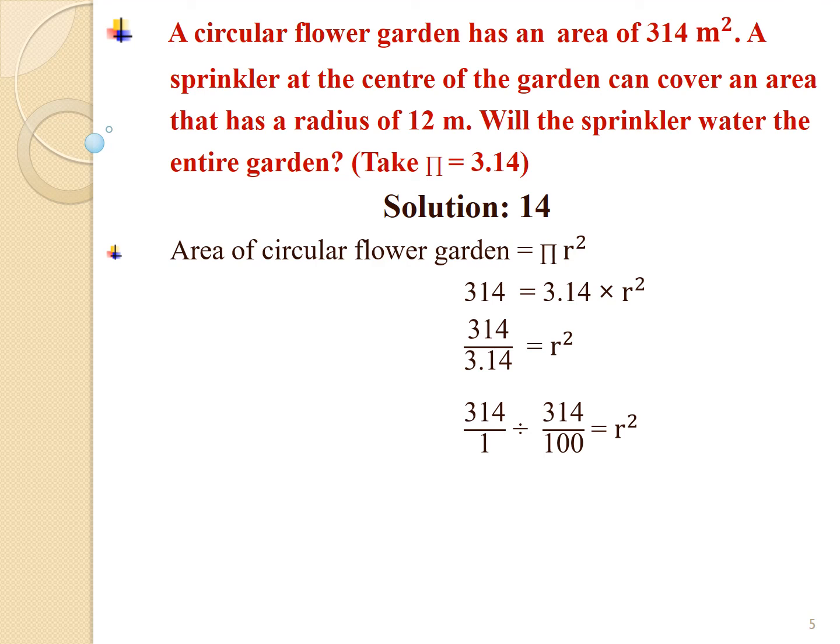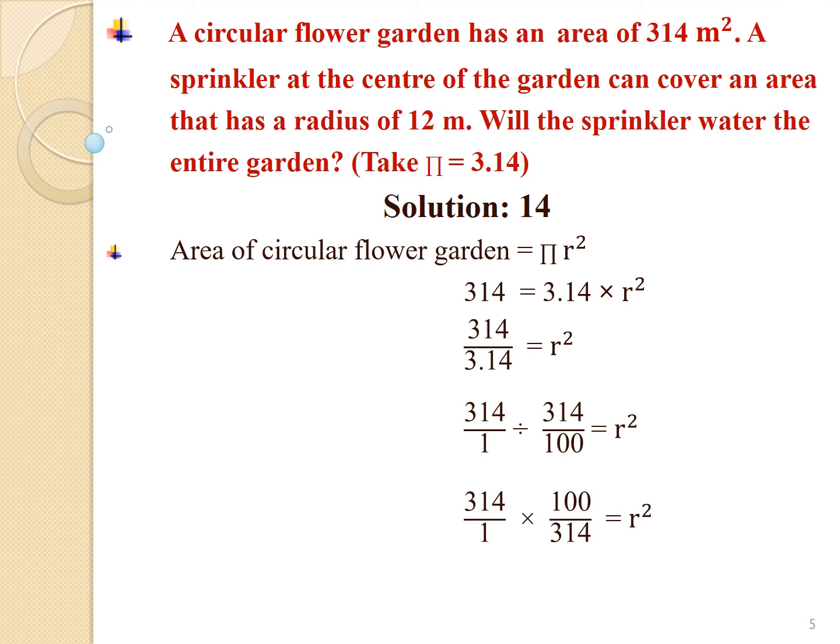Students, now we have to multiply 314 upon 1 by the reciprocal of 314 upon 100. Thus, we get 314 upon 1 multiplied by 100 upon 314 equals r square.